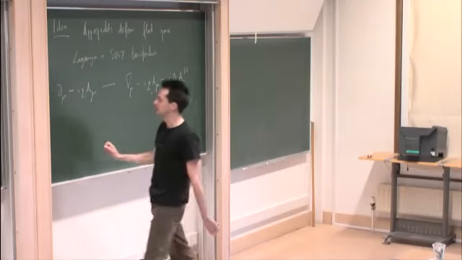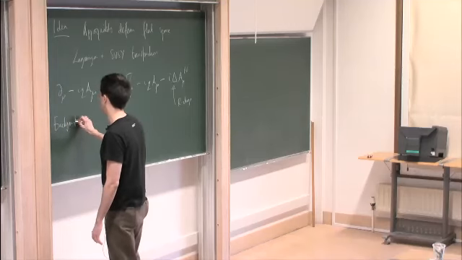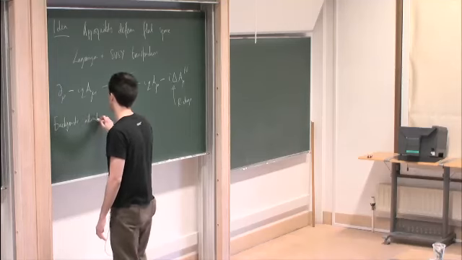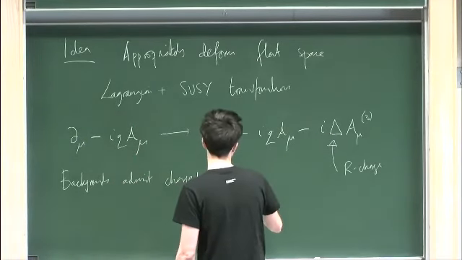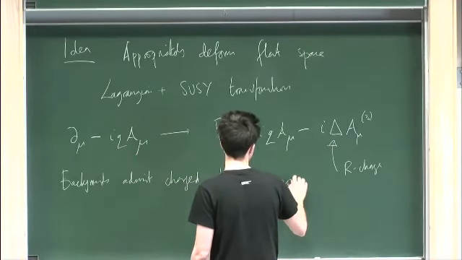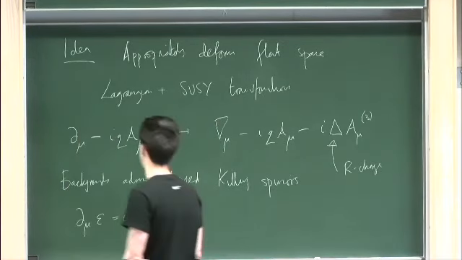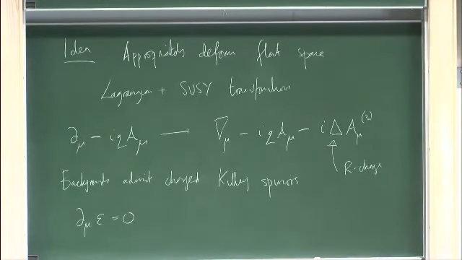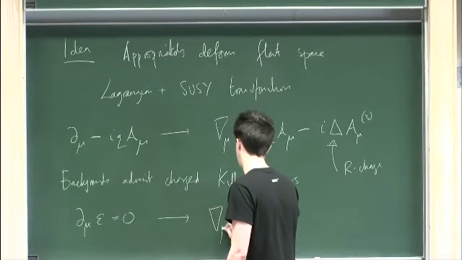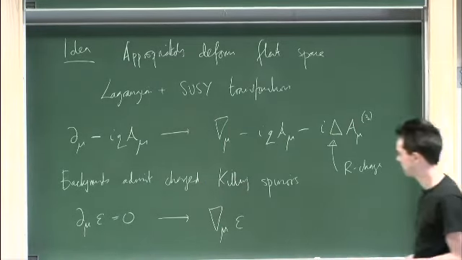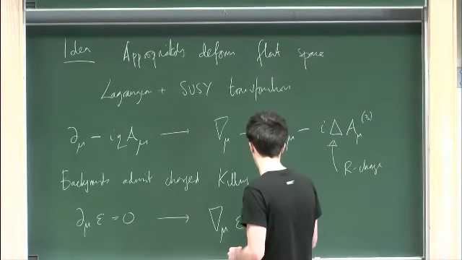Anyway, that's the first sort of deformation that you do. The other important thing is that these backgrounds admit charged Killing spinors. In flat space you would just have constant spinors, D mu epsilon is 0, where epsilon is your spinor. That gets replaced by a Killing spinor equation, so there'd be the spin connection, D mu acting on the spinor.